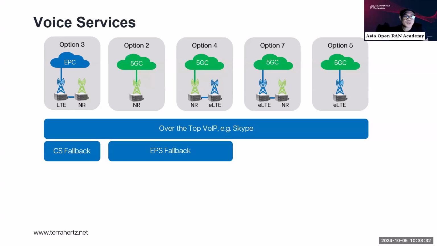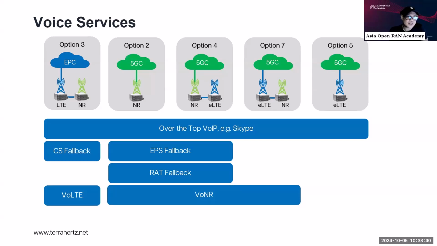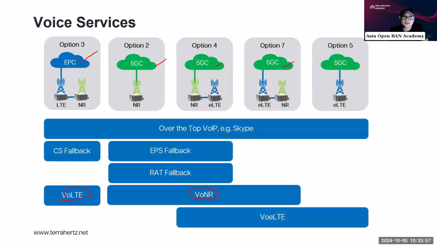So for option 3 you will have CS fallback. For option 2 and option 4 we call it the EPS fallback. For option 2 we also have the RAT fallback. You can also implement VoLTE. If you are using a 5G core like this, we have the VoNR, voice over NR. This one is voice over LTE because you have an LTE core. Now, there is another term, VoE LTE, because the master node is LTE.